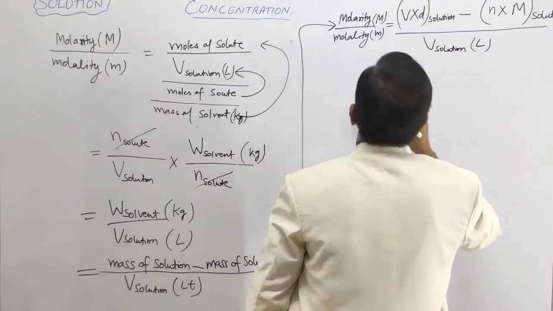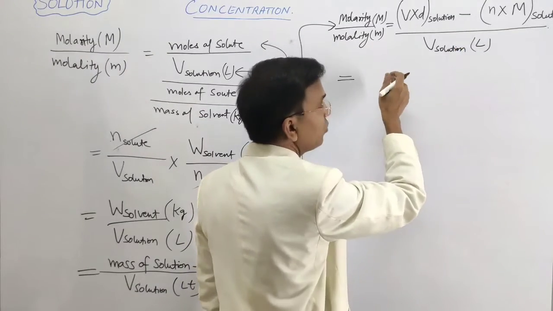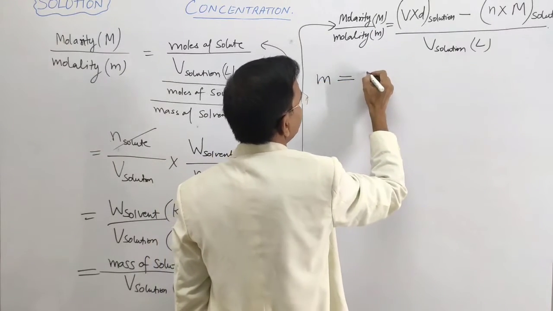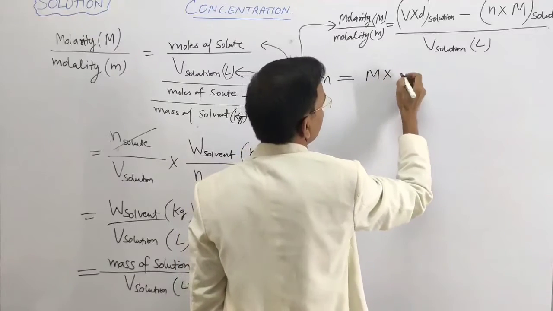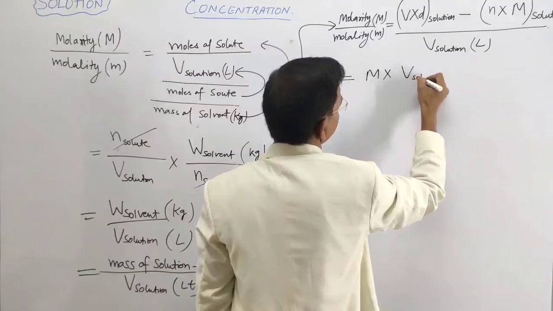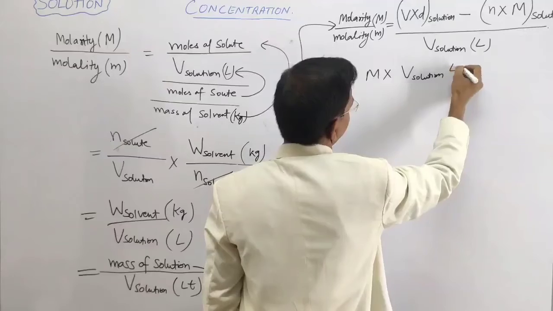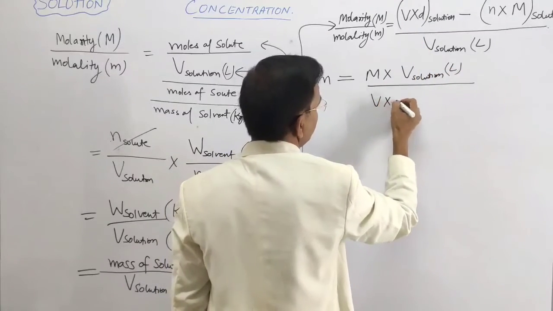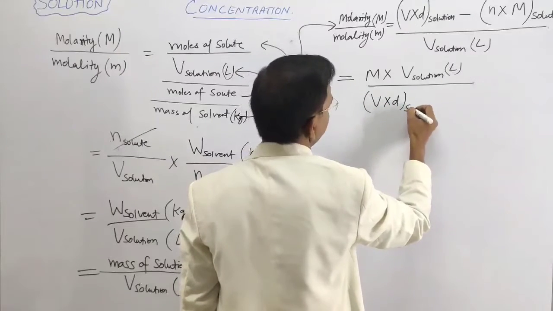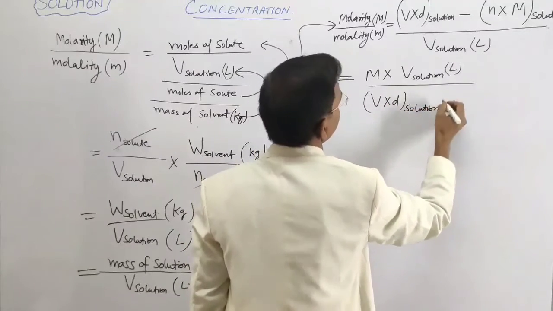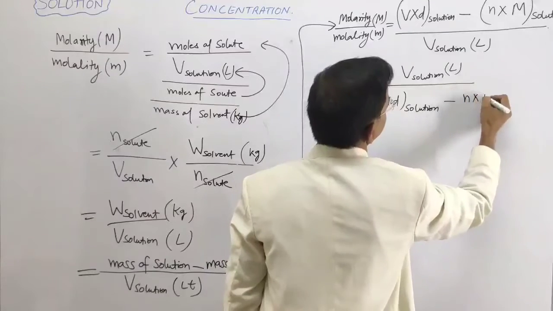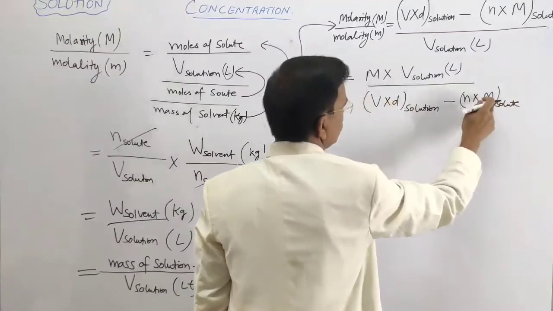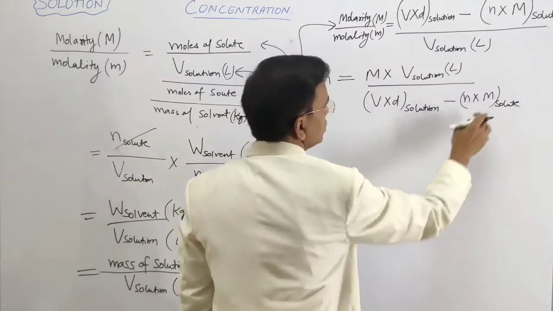Now if you are going to calculate the molality, it will be molarity multiplying volume of solution in liters upon V into D of solution minus n into M of solute, meaning moles into molar mass of solute.